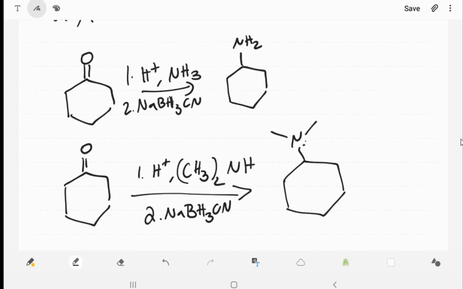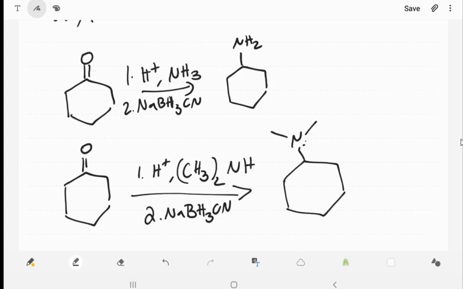So you'll probably have an imine intermediate, but that's okay. Or you'll have an imine or an enamine intermediate. That's just fine. But now you can go ahead and do this as much as you want. And so it works really nicely. You can just take the same thing and keep on adding stuff to it.